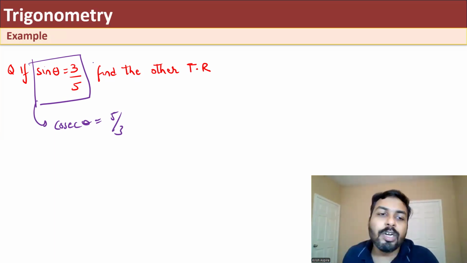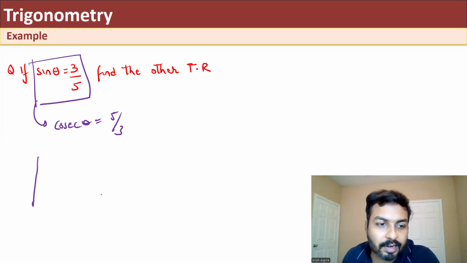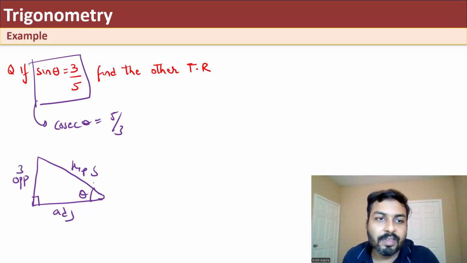To get the remaining 4 trigonometric ratios, I will draw the triangle. Let's say this is theta. This is the opposite side, this is the adjacent side, and this is the hypotenuse. What is the opposite side? 3. Hypotenuse is 5. So you apply Pythagoras theorem: 5 square minus 3 square, 25 minus 9, square root of 16, you'll get 4.